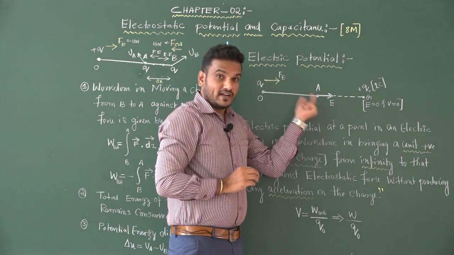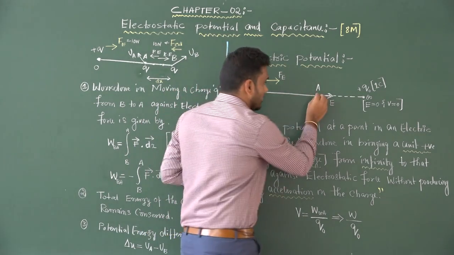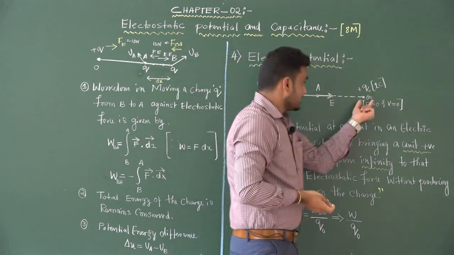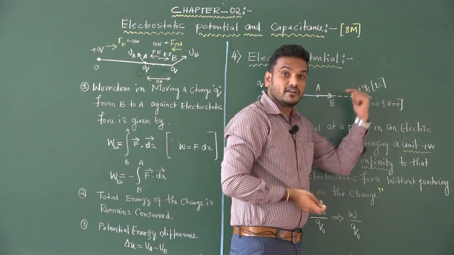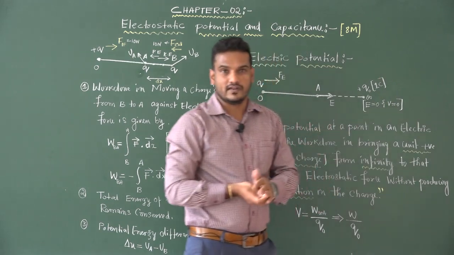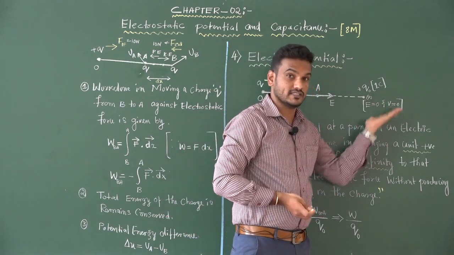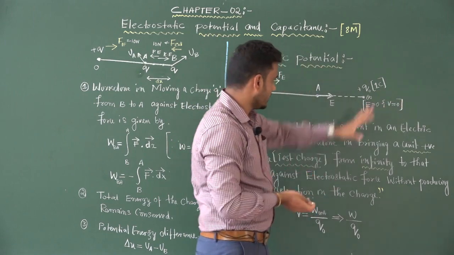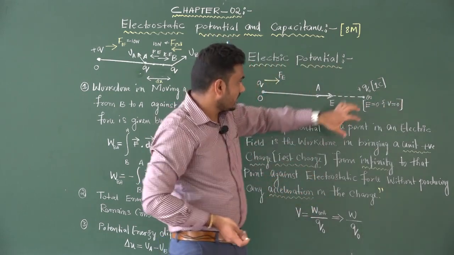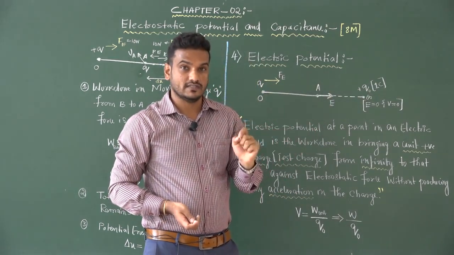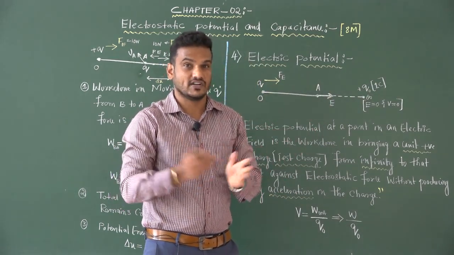On the electric field line, I mark one point, say A, and I imagine a point at infinity. The point at infinity means where the electric field as well as the electric potential is 0. At the point at infinity, I imagine a unit positive charge, also called a test charge.